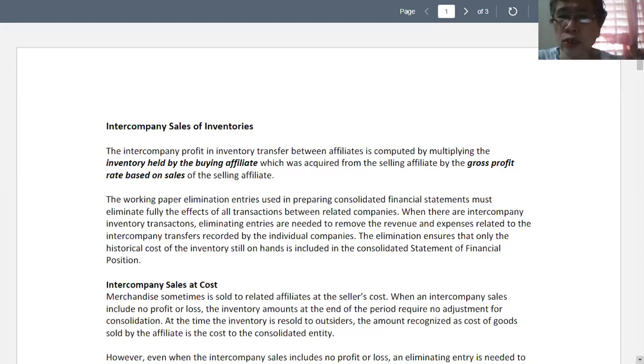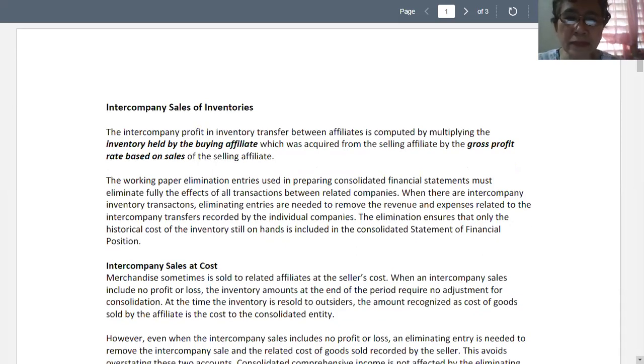The elimination ensures that only the historical cost of the inventory still on hand is included in the consolidated statement of financial position. Then we have intercompany sales at cost.